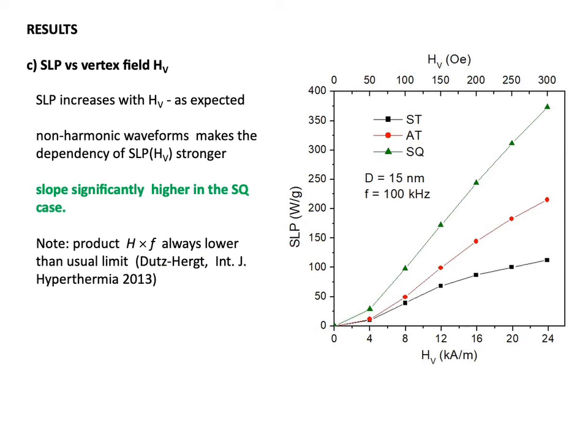Let's analyze the SLP behavior as a function of the maximum applied field, the vertex field we apply with our waveform, and we can see that it changes a lot by applying a symmetric triangular, an asymmetric triangular, and a square waveform, and the slope for a nanoparticle which has 15 nanometers diameter is significantly higher with the square waveform.